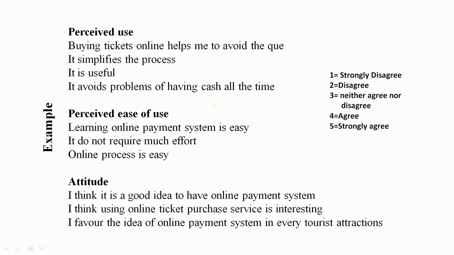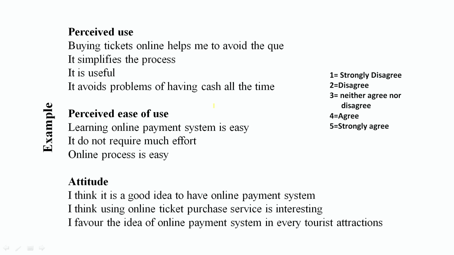See, in this slide, you can find statements. Do you remember I used the term item? So, the first item is: buying tickets online helps me to avoid the queue. I just imagined it myself and wrote this statement. So, this is item number 1.